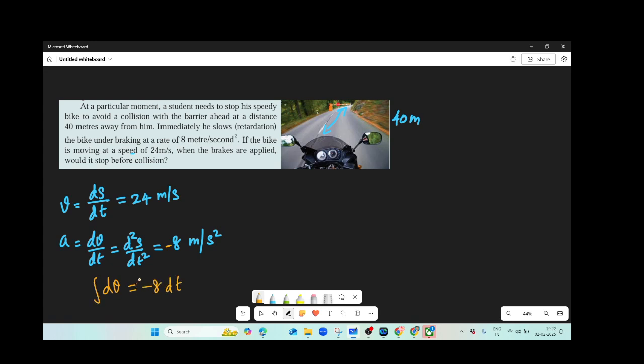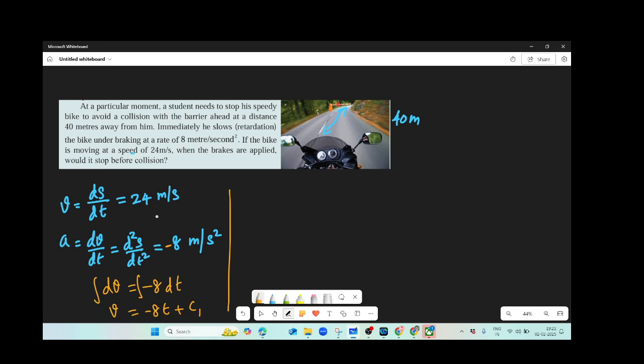When you integrate both sides, we get velocity v equal to minus 8t plus c1. How to find c1, sir? At time 0, the velocity is 24.